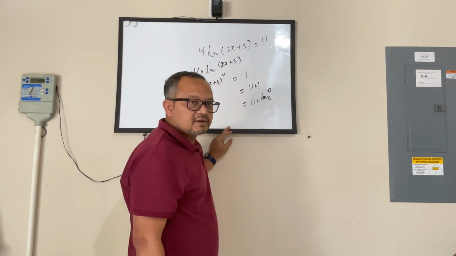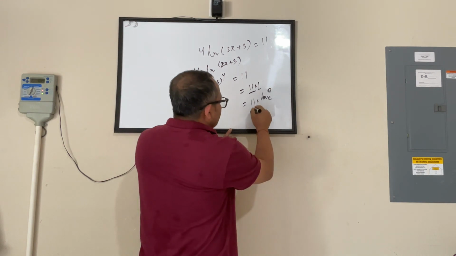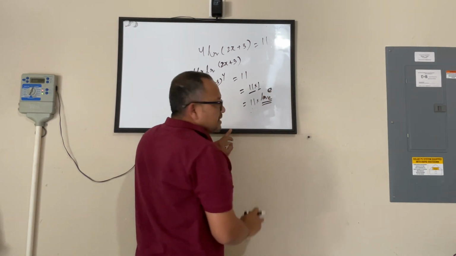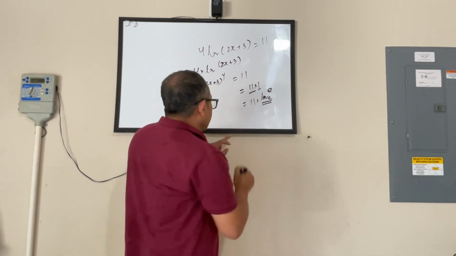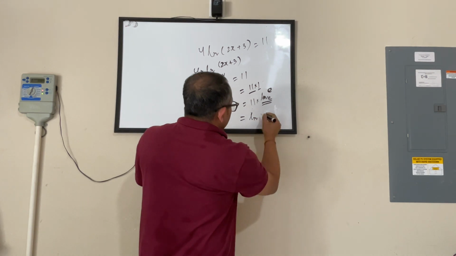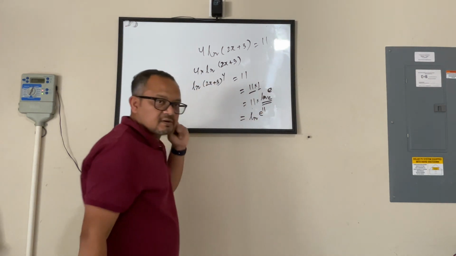Can I say 11 is 11 times 1, or this is natural log of e? I think so. That means this is natural log of e to the power 11.